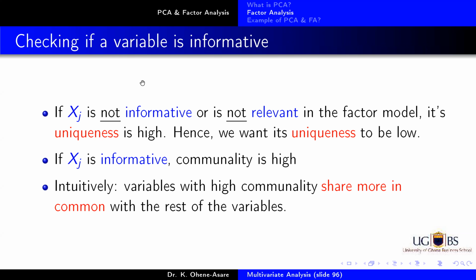Informative, relevant, high communality. Not informative, not relevant, then it means high uniqueness. Sometimes it can be a little bit confusing, but it's okay. Just understand that when you are informative and relevant, you have high communality.